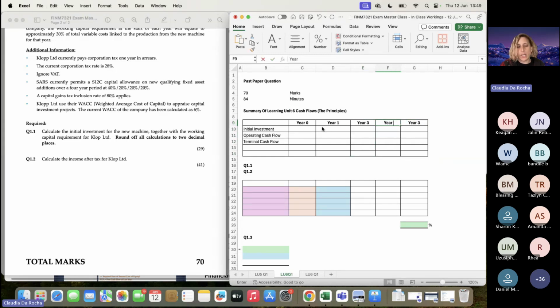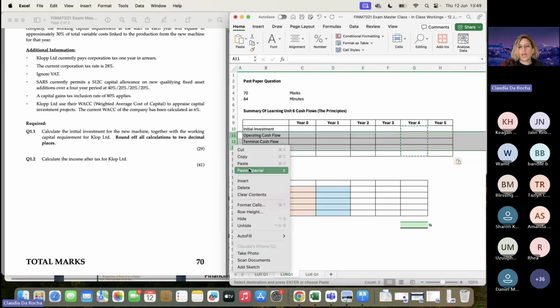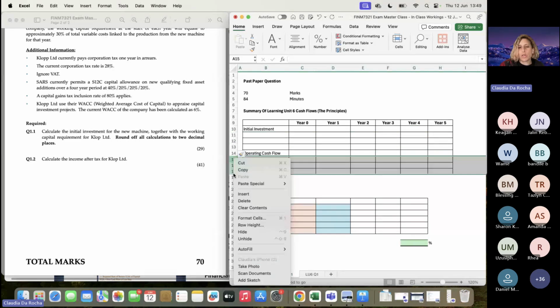I'm just saying that this one has 5 years. So when you're trying to calculate your cash flows, it's always about your operating cash flow, like I said, your initial investment and your terminal cash flow.